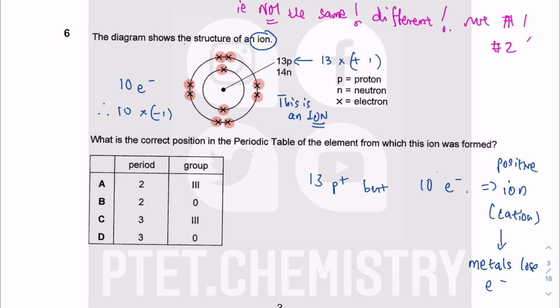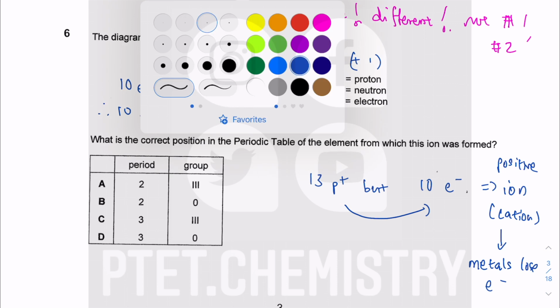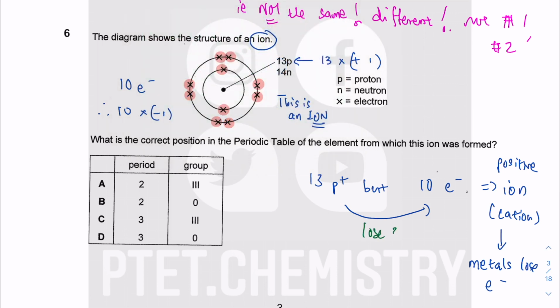So now, what is the correct position from which this ion was formed? Okay, so you lose how many electrons? You lose 3 electrons. Therefore, group 3, because it's got lose 3 valence electrons.